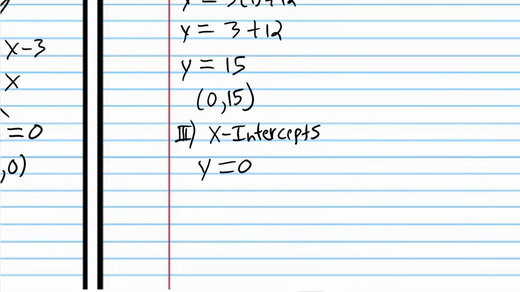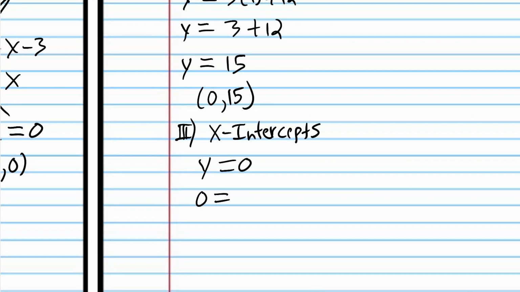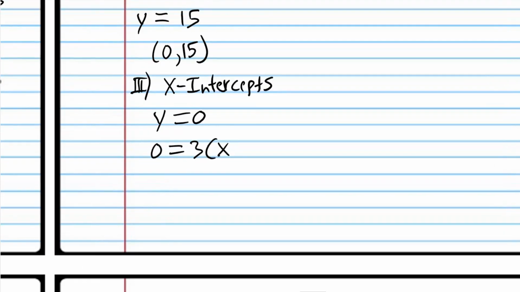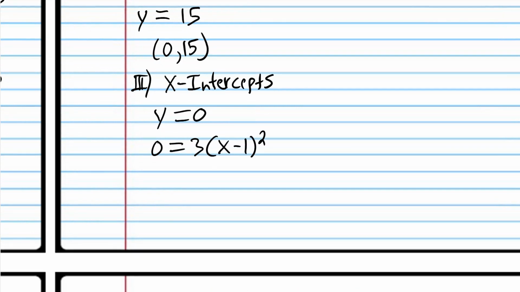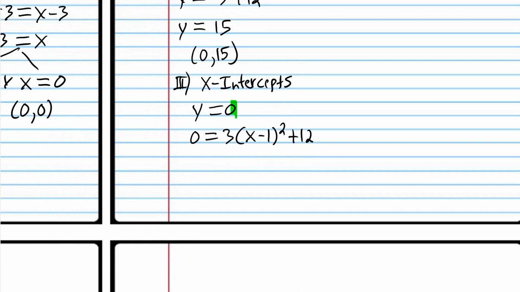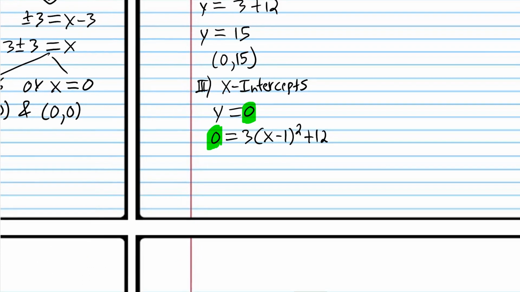So we're going to rewrite that equation, except plugging in 0 for y, equals 3 times (x minus 1) squared plus 12. Just to be clear, I got that 0 from there because we're letting y equal 0.